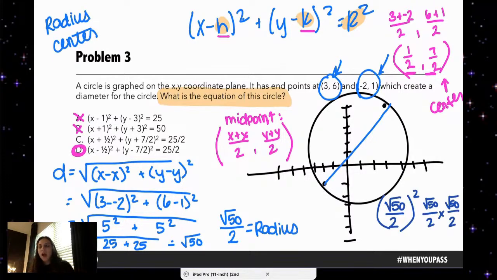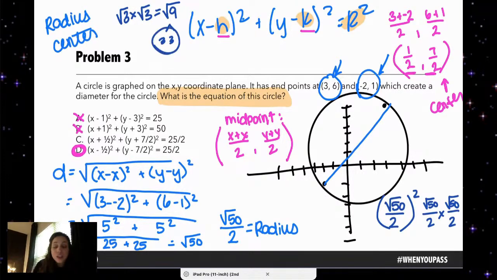The square root of 2,500, but I know that a square root times itself just equals the number inside. Take, for instance, the square root of 3 times the square root of 3 equals the square root of 9. What is the square root of 9? 3, because 3 times 3 is 9. So if I multiply a square root times itself, it's going to equal that number. So this is going to end up equaling 50 divided by 2 times 2, which is 4. And when I simplify that, that equals 25 divided by 2.